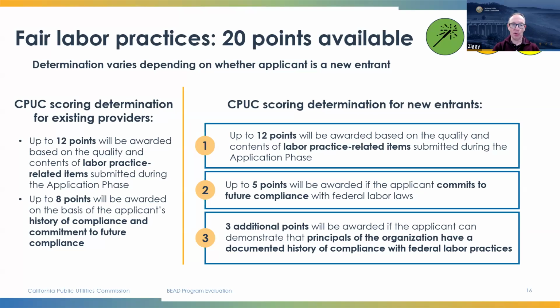Those 8 points themselves consist of 5 points for a commitment to future compliance with federal labor laws, and an additional 3 points if you can demonstrate that you have a history of compliance with federal labor practices. Next.